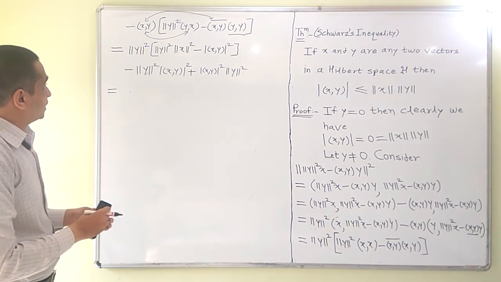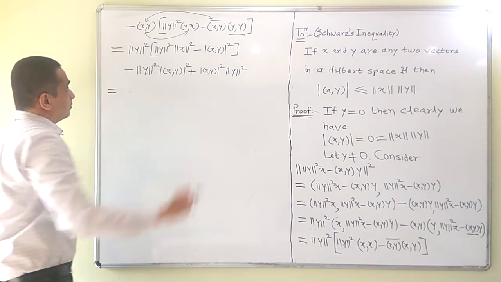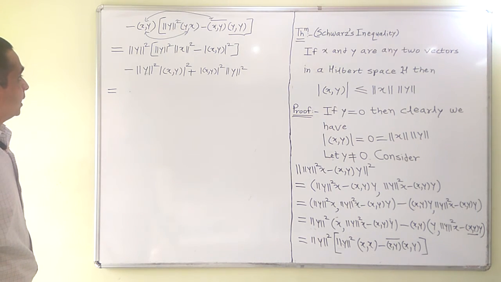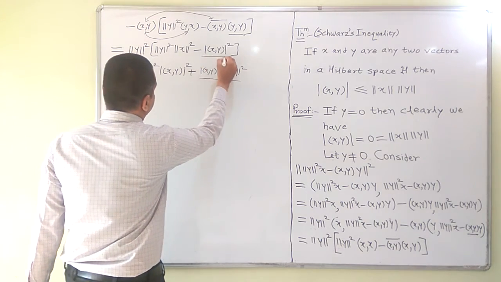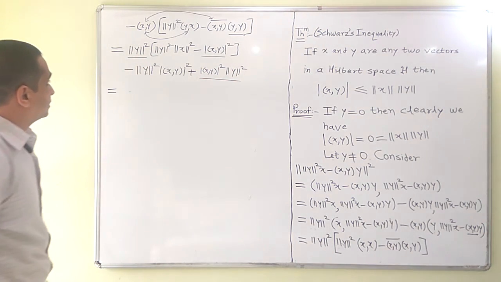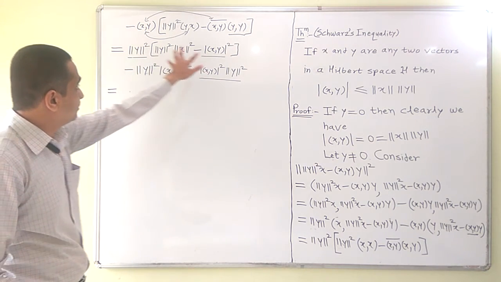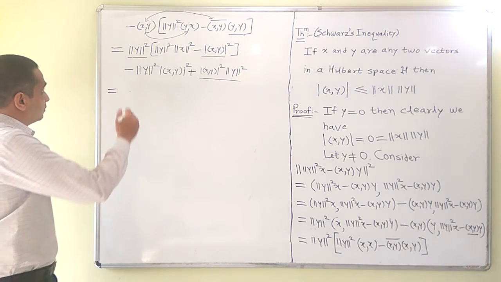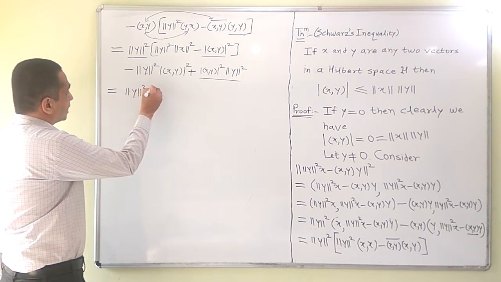Now, observe that norm y square minus mod xy square. So, this term and this term get cancelled. So, after multiplication, this and this will get cancelled. So, what we are left with is this norm y square I keep as it is.